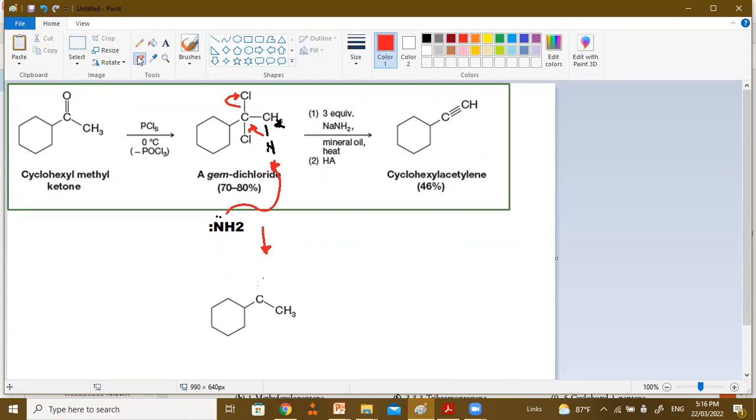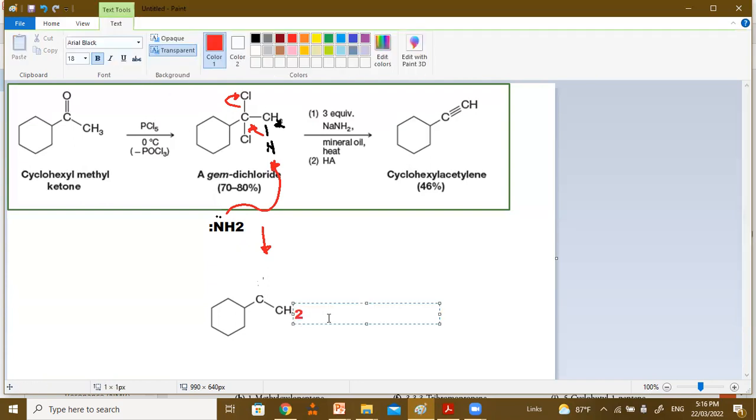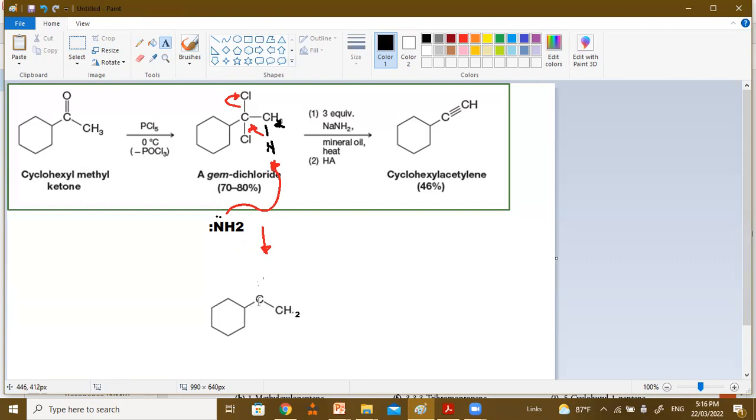So since mo-leave man siya, okay, you have your protons here. Okay, and then what will happen is that you will have a double bond, right? You have another Cl here, and you have a double bond.